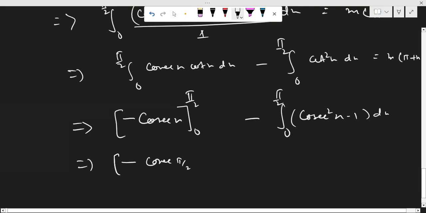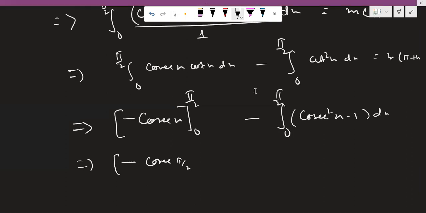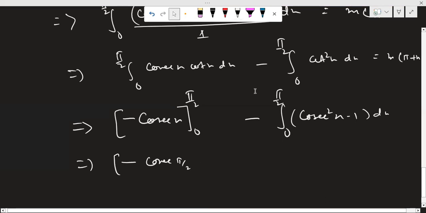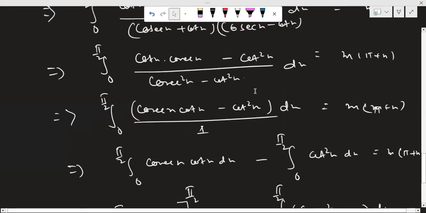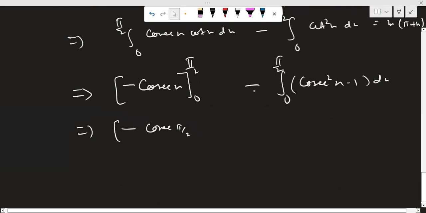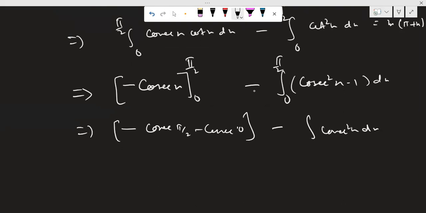So it's 0 to pi over 2. And cosec 0 is not defined. Minus, here we have the integration of cosec square x dx and minus minus plus 1 dx, 0 to pi over 2.